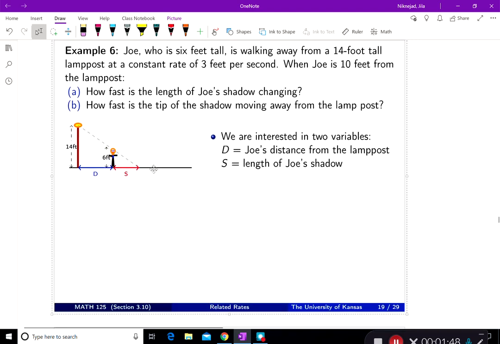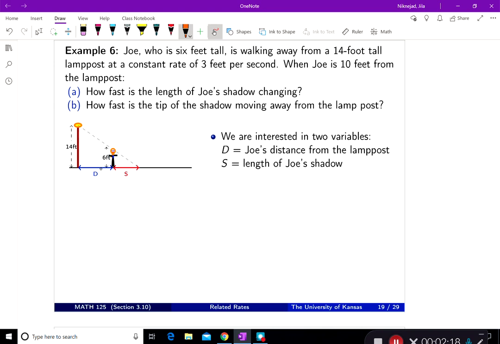So that's the introduction part of this question: the shadow is getting bigger and bigger as he's moving away, and the distance is increasing. So let's call the length of the shadow S, and the distance from Joe to the lamppost D.